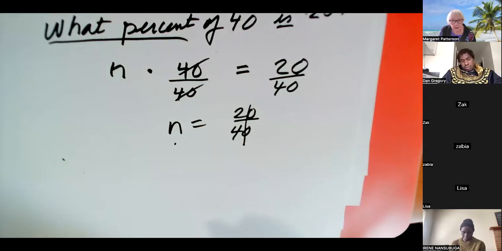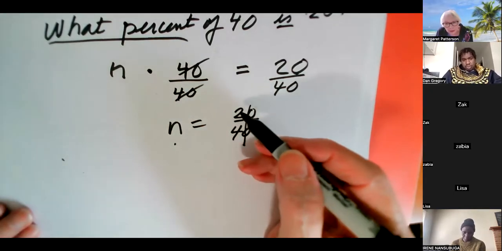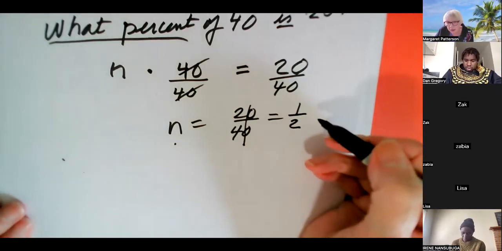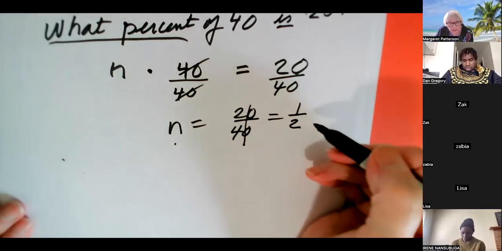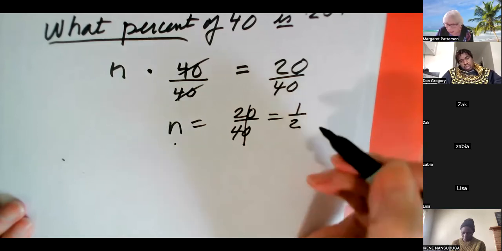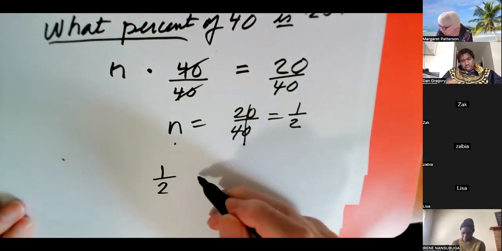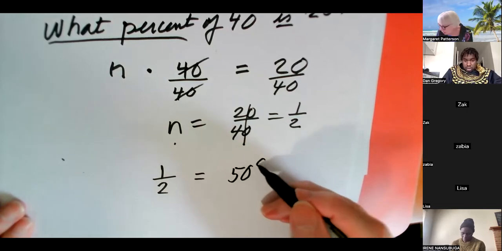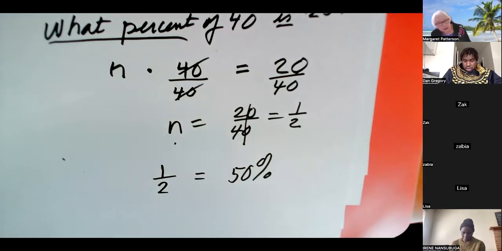I would take out the zeros. 2 over 4 is 1/2. That's not a percent, but that's the fraction. And 1/2 is 0.5, which is 50%, just like you said. How's that? It's like it's moving in a circle.